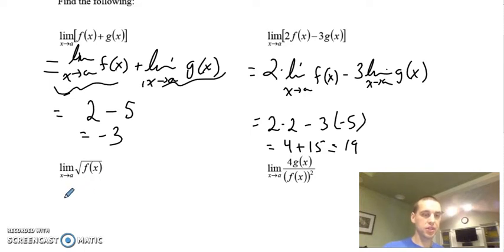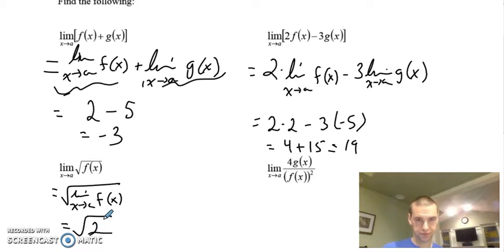With this one, make sure that you realize that we can rewrite that. So the limit as x approaches a of f of x. And so we know it's the square root of 2. This one, you don't need to write it out completely, but we can do 4. I'll write it out anyways.